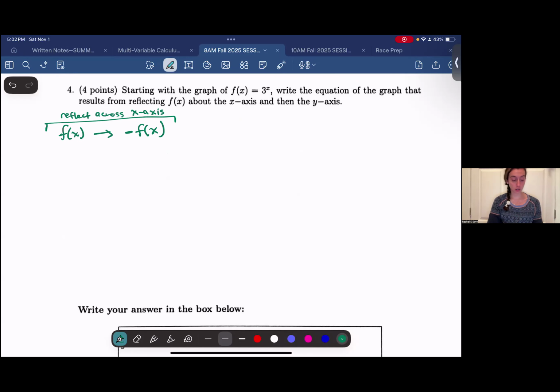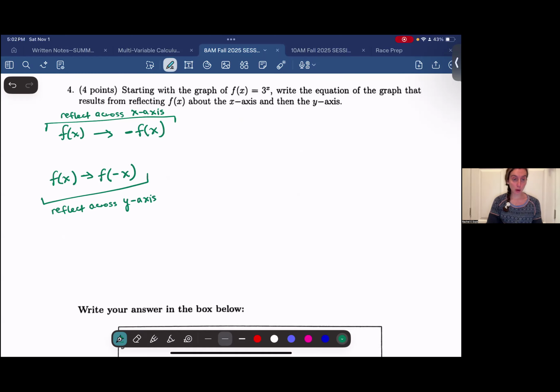And then a reflection across your y-axis, we have our original function, and now our x values are flipped in value, so that goes to f of -x. This is across, sorry, our y-axis.